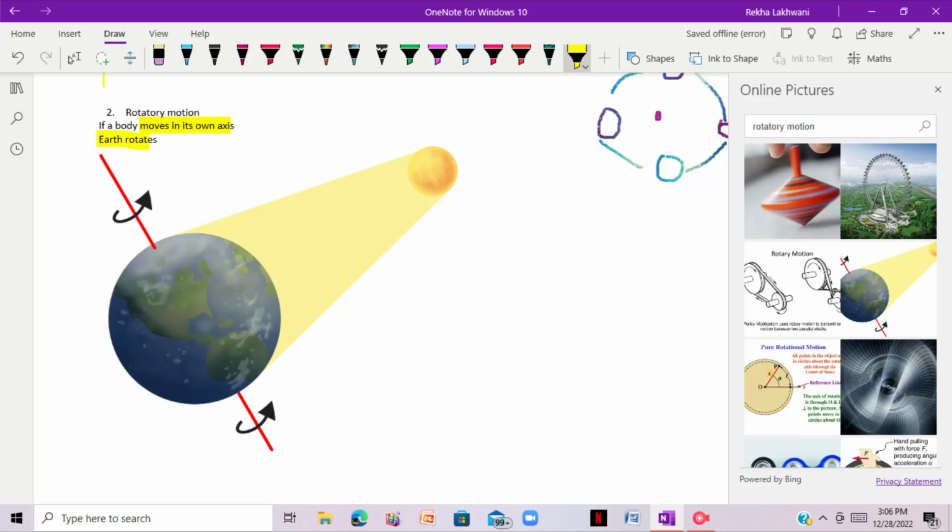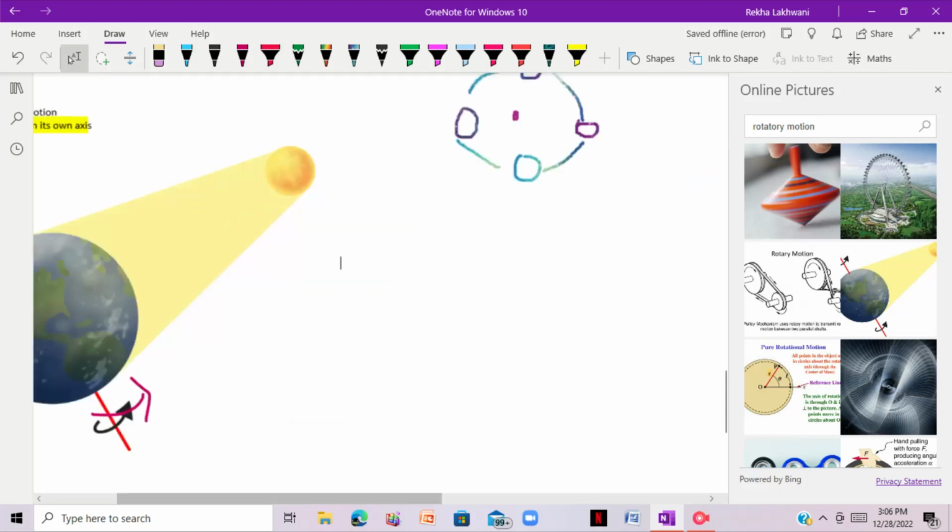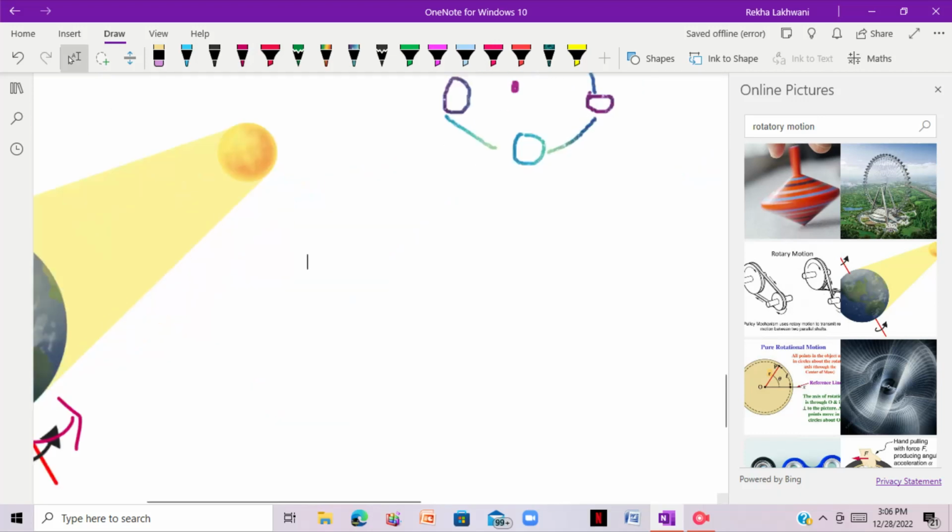See, if a body moves to and fro, that is known as vibratory motion. If a body moves to and fro, that is known as vibratory motion. Actually, I'm telling you the easiest definition so that you can understand it in a quite easy way, right?